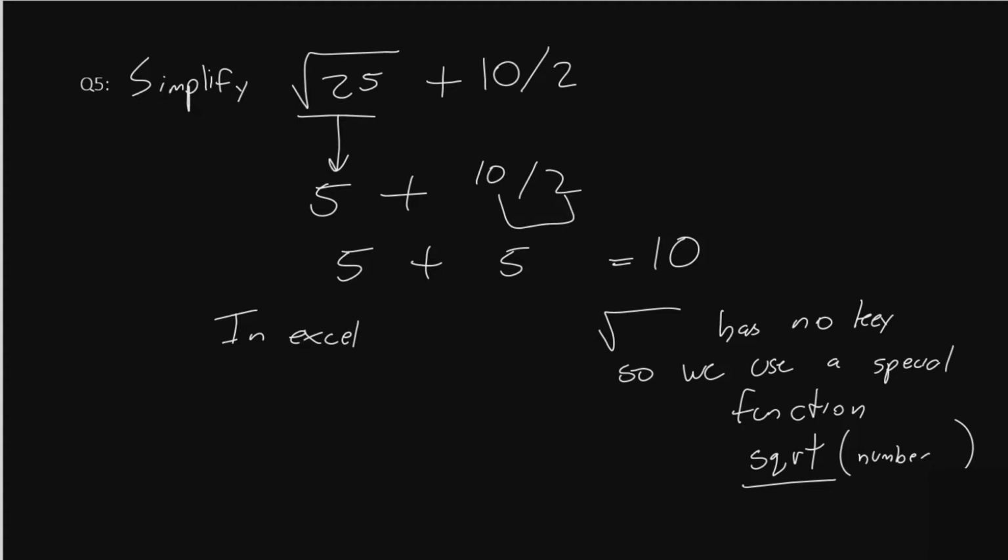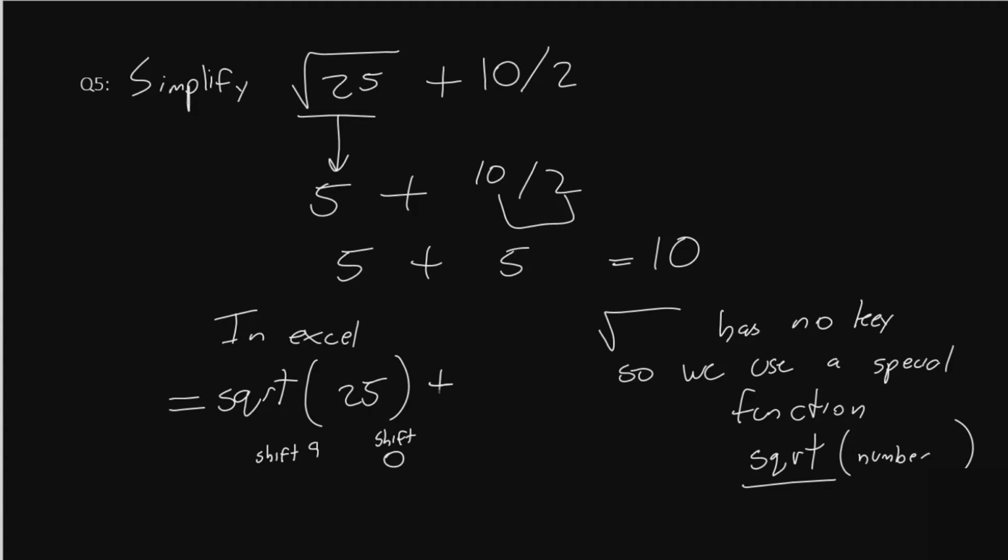So when we do this, we begin, as always, by writing an equal sign, the letters SQRT, and that tells Excel that whatever is coming next is going to be square rooted. We do an open parentheses, again by saying Shift 9, and then saying 25, and then Shift 0 to close the parentheses. And then we continue on like normal.